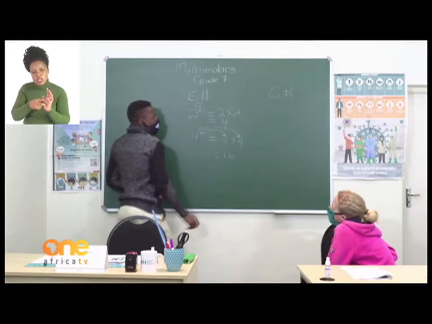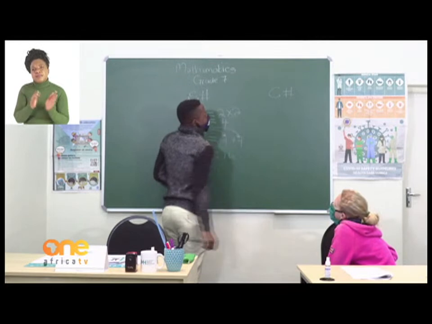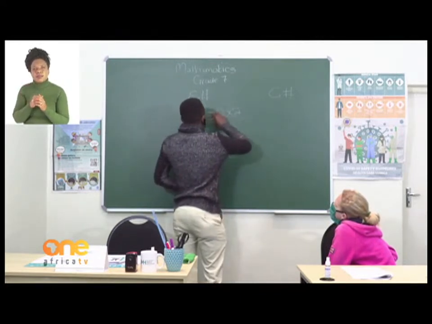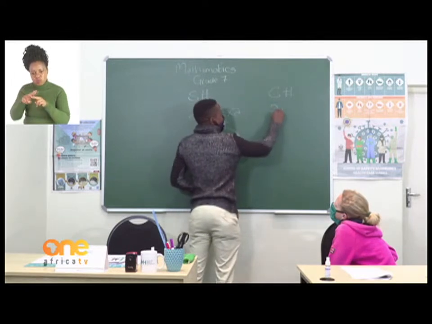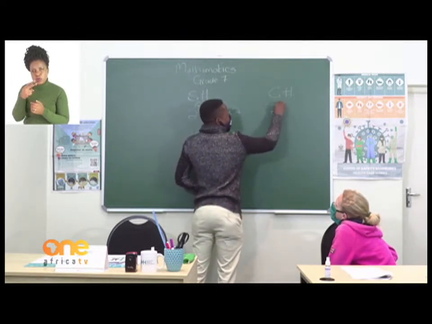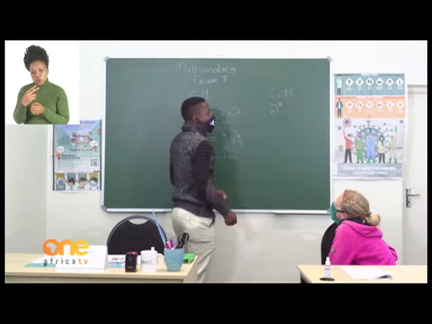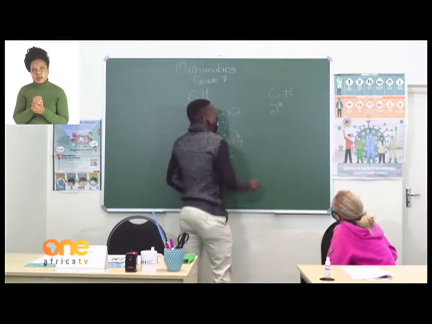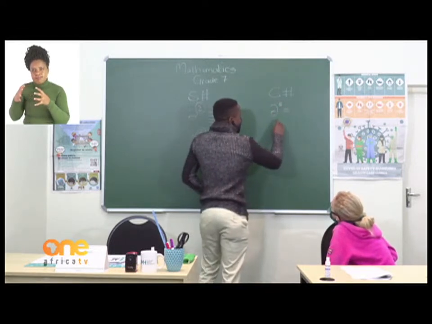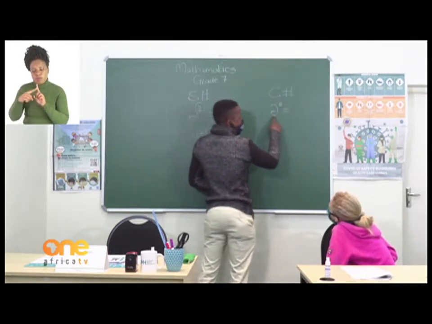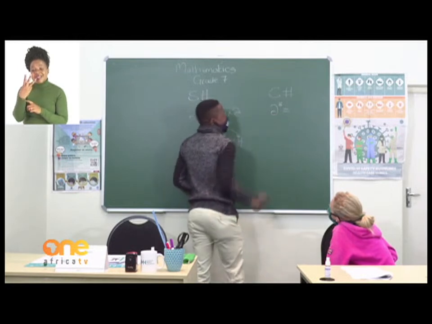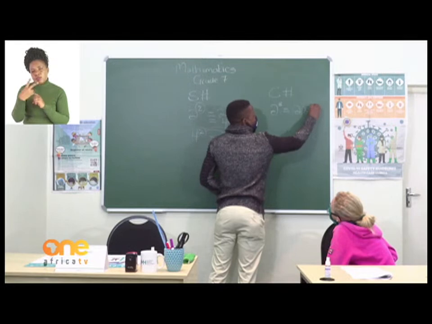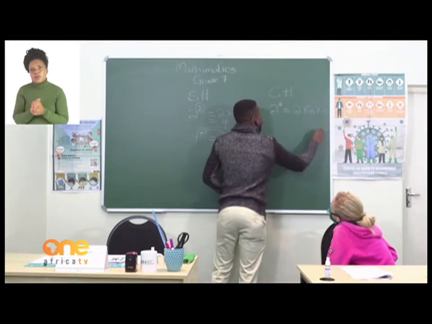Cube numbers. We can also give an example of a cube number, maybe 2 to the power 3, or 2 cubed. In that way, we are multiplying this number by itself and again by itself. So we have 2 times 2 times 2.